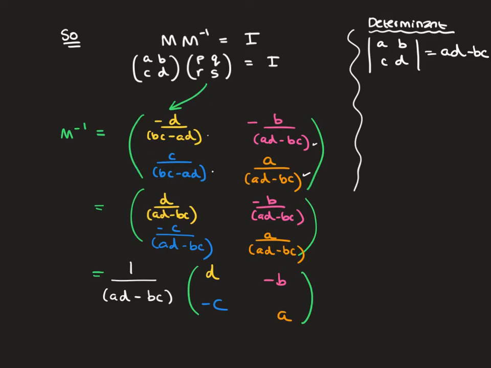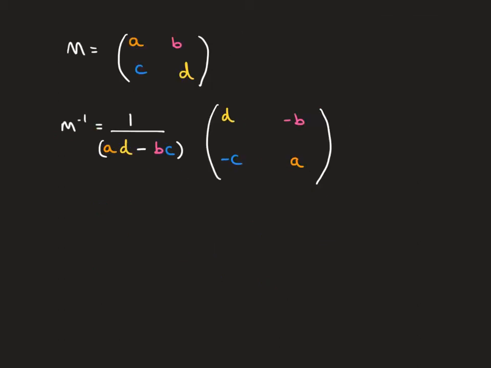Let's now compare the matrix M with its inverse matrix M minus 1, carefully. So let's compare the two. Now, the inverse matrix takes the original matrix, and can you see that these two components swap over? So you have a D here and you have an A here, and then these two components are now the negative versions of themselves.